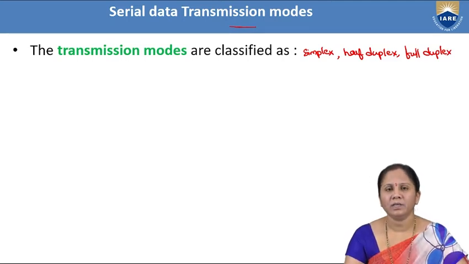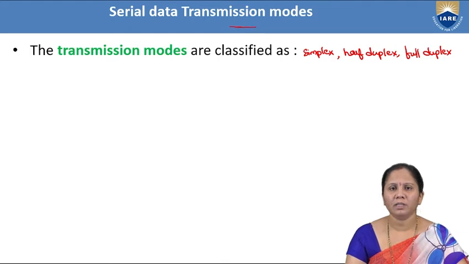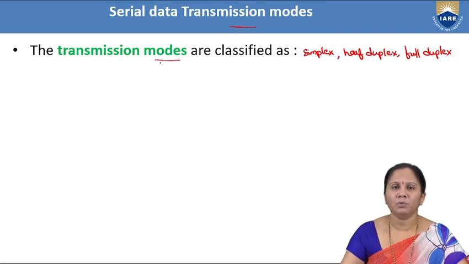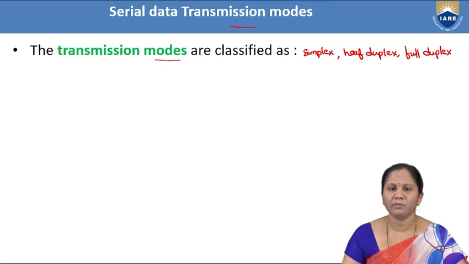So serial data transfer can be done based on the transmission modes. Based on the transmission modes, it is classified as simplex, half duplex, and full duplex communication.